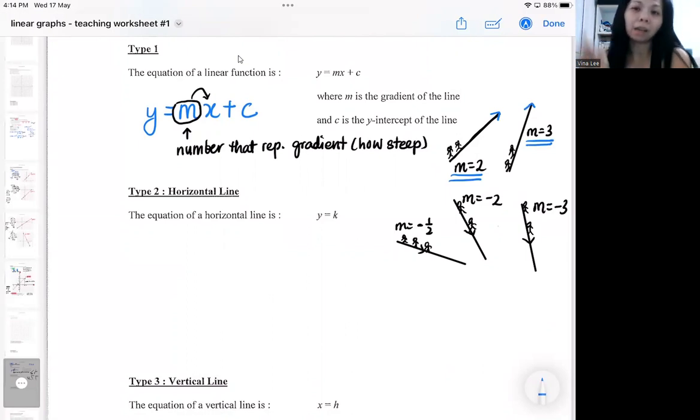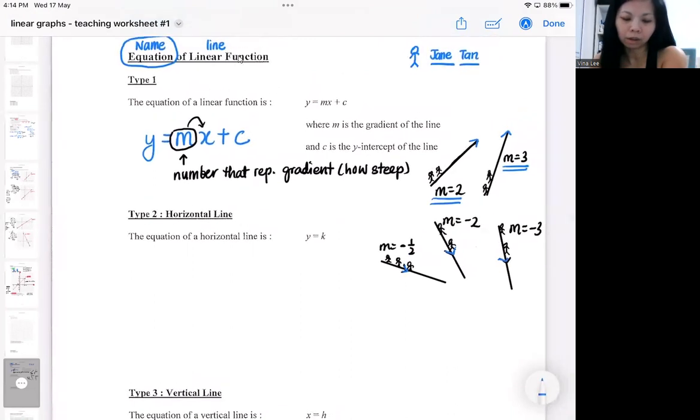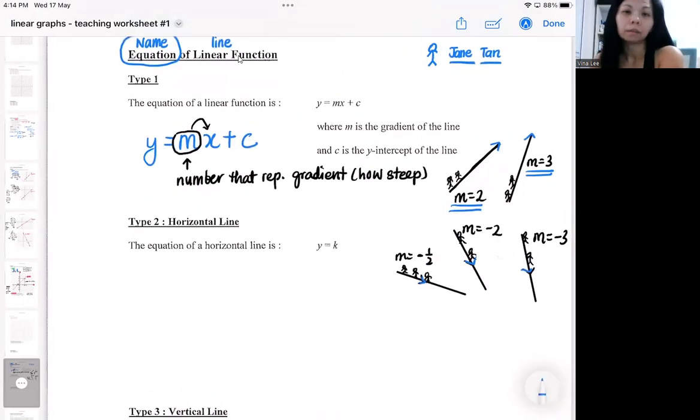If the number beside x is negative, that means it's downward sloping, like a graph that is going downwards. This number beside x can tell us how steep the line will be. This is a very important thing, and later on we're going to learn how to calculate the gradient of a line.